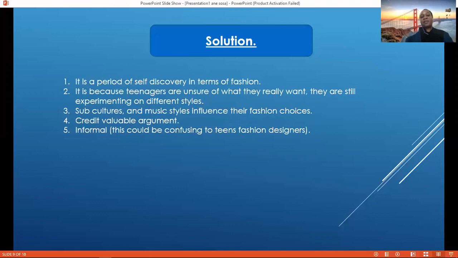Number 5, the language used there is informal, and we can quote, this could be confusing to teens fashion designers. Teens shows us that the language used is informal, and we know that this text is taken from a magazine that already guides our understanding of how the language would be, informal language.